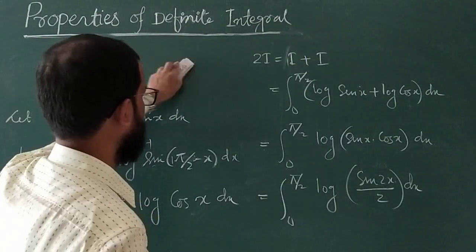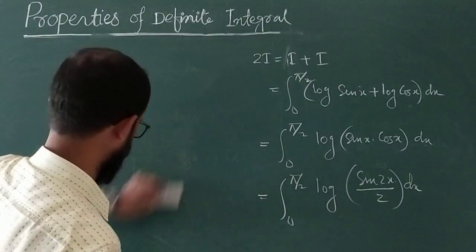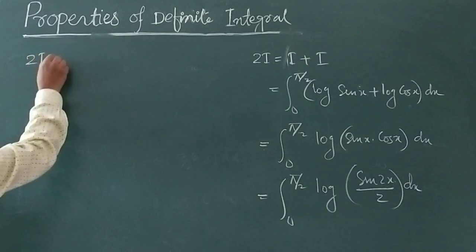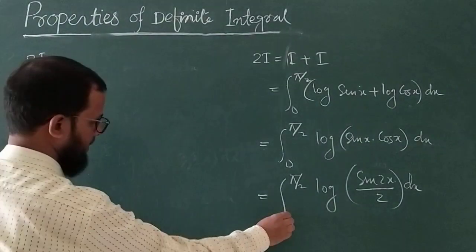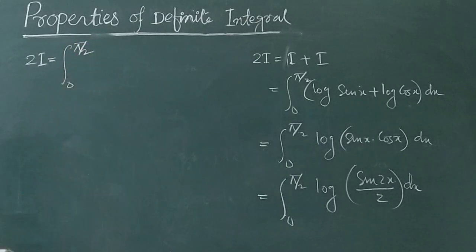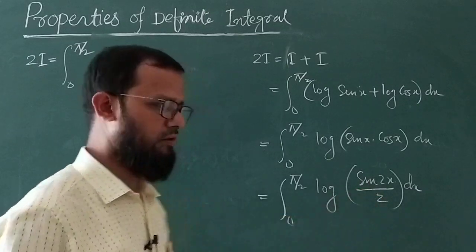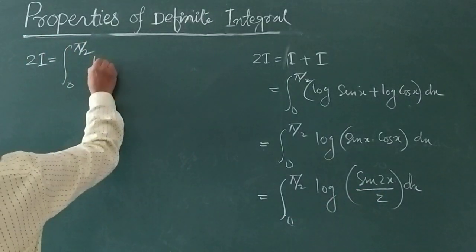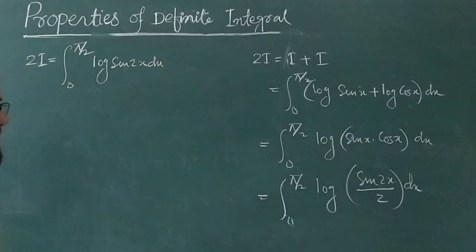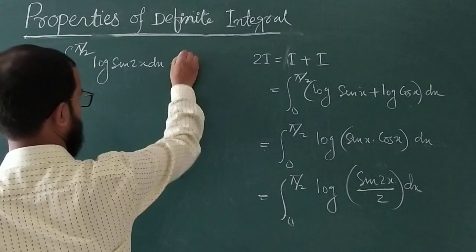Now this is twice I. Twice I equals this one written as integral 0 to pi by 2, where the log a by b formula can be applied, log a minus log b. So the first integral is log sin 2x dx, and another integral is log 2 dx, from 0 to pi by 2.